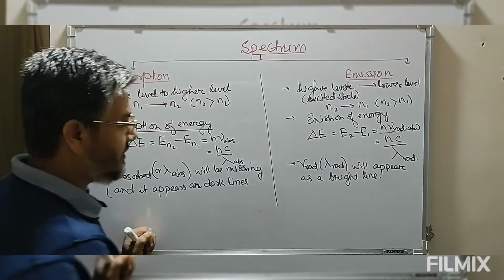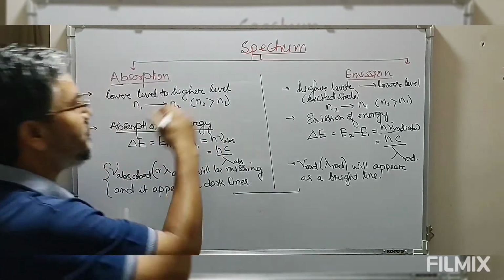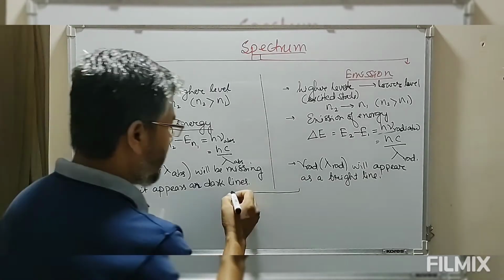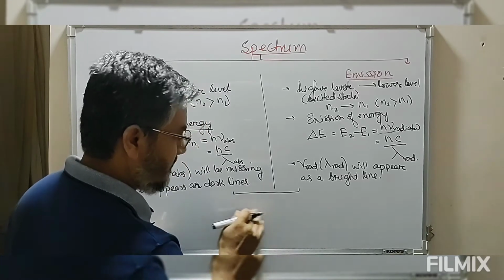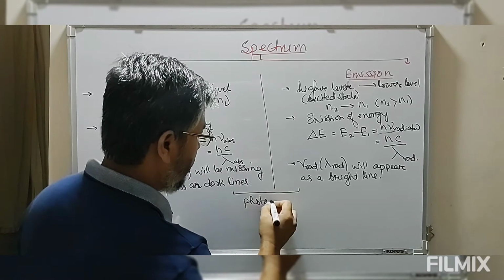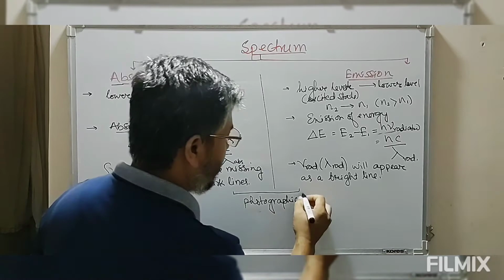So if you look at this, if you are comparing these two, the absorption spectrum and the emission spectrum, these are like photographic plates, photographic film.